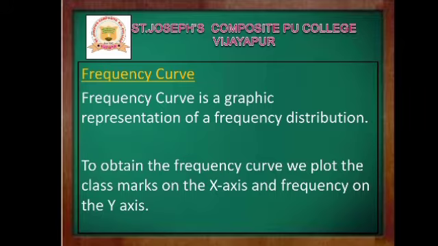To obtain the frequency curve, we plot the class marks on the x-axis and frequency on the y-axis. As you know, in a graph there are two axes, x-axis and y-axis. So when we plot the class marks on the x-axis and frequency on the y-axis, we obtain the frequency curve.